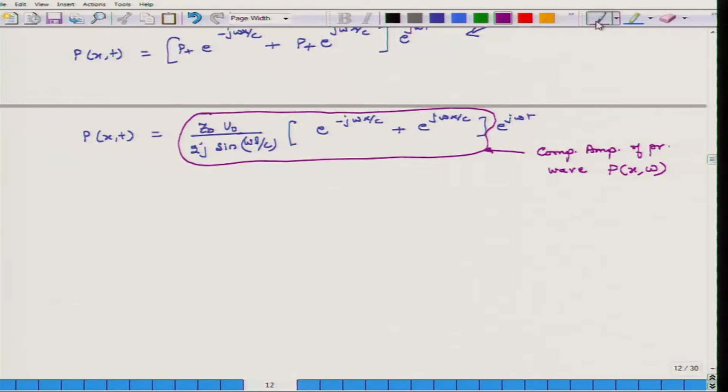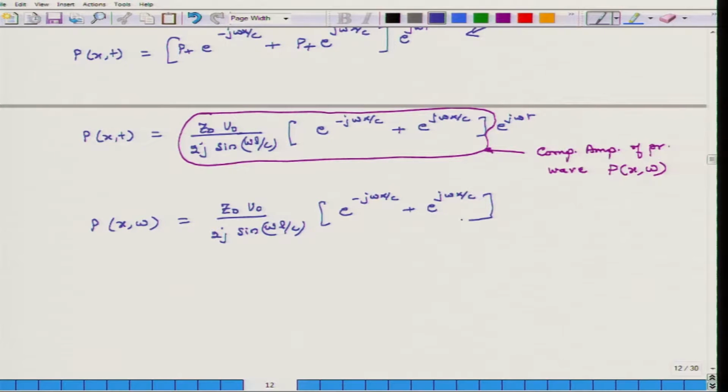So, P x omega equals Z naught u naught by 2 j sin omega L over c into e to the power of minus j omega x over c plus e to the power of j omega x over c, right.